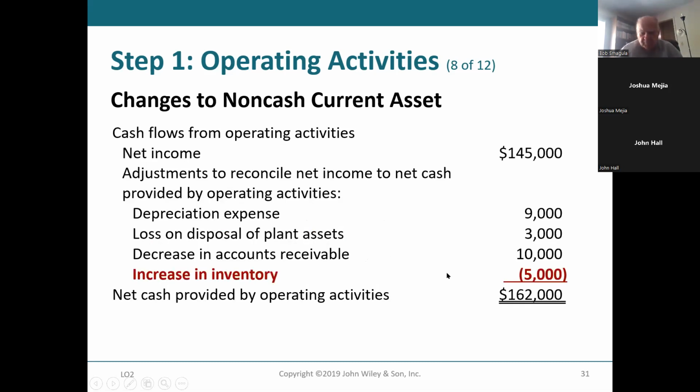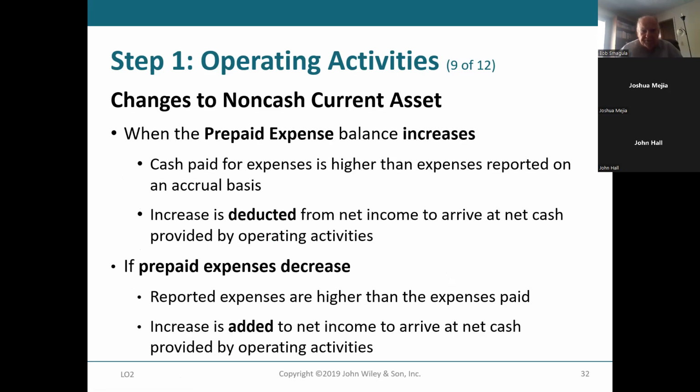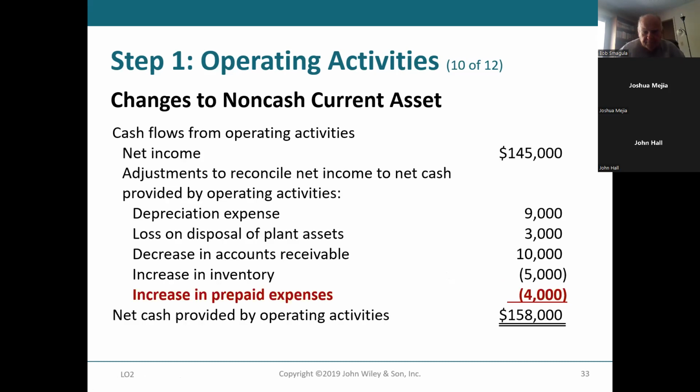It has an unfavorable impact on cash flow. Same thing with prepaid expense, which is another current asset. They're telling you that prepaid expenses increased. So that goes in as a minus. So there's your net cash provided by operating activities, okay?